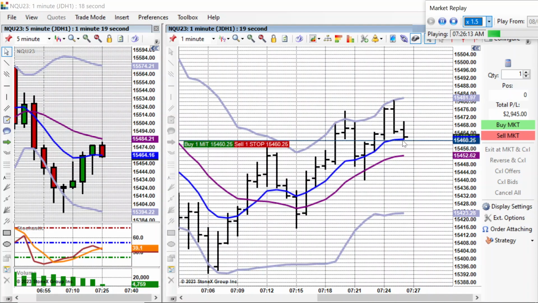Yeah, see, that 80 MA line's just wanting to bend downward, and I'm still seeing a red candle over here on the 5-minute side.